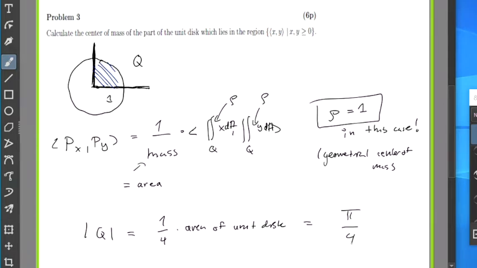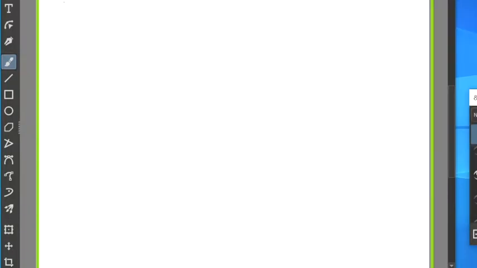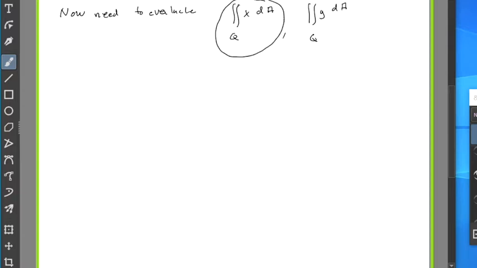Okay, so now let's turn to evaluating these two integrals. So let's write them down without so much noise in the background. So now we need to evaluate the integral of x over Q and the integral of y over Q. We will concentrate on the x integral here just in the interest of time.